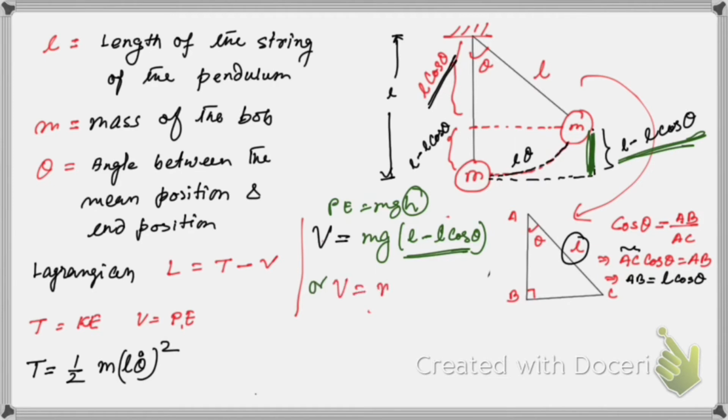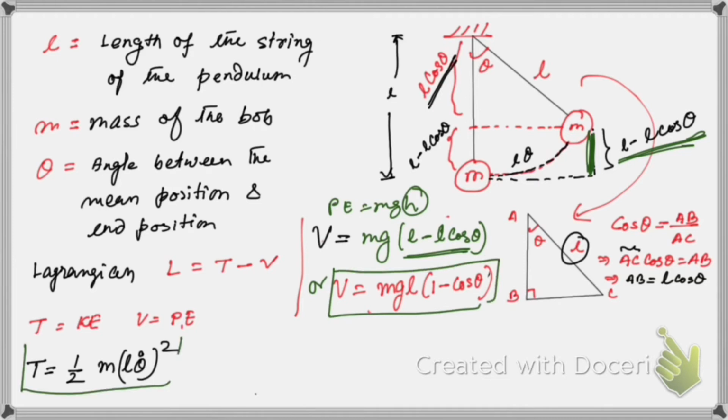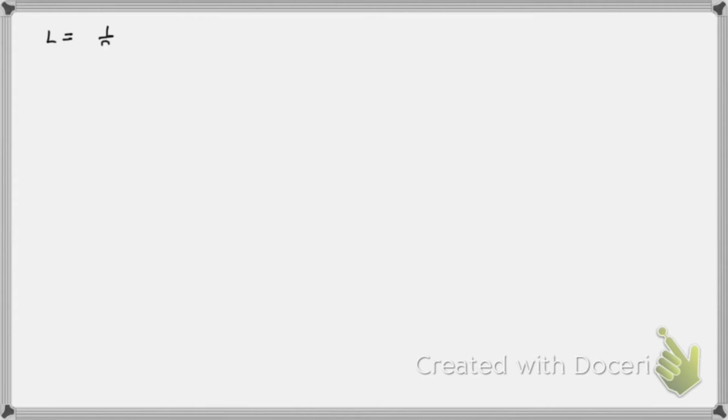L is taken common, so after taking common we got this. So this is the potential energy and that is the kinetic energy, and we put them here to get the Lagrangian. So L is equal to half m L square theta dot square minus mgL into 1 minus cos theta.